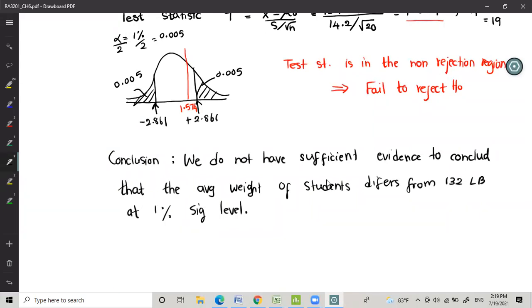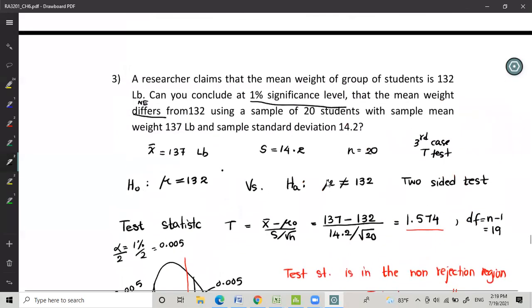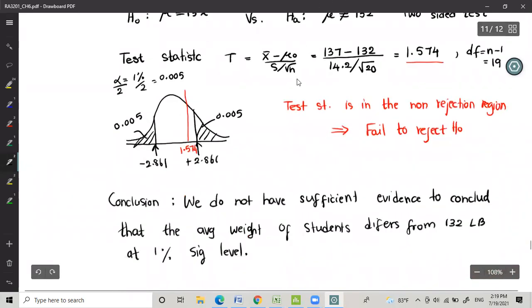So what is the corresponding confidence interval? If your significance level alpha is 1%, what is the corresponding confidence level? The rest of it, that is 100 minus 1, which is 99%, right?